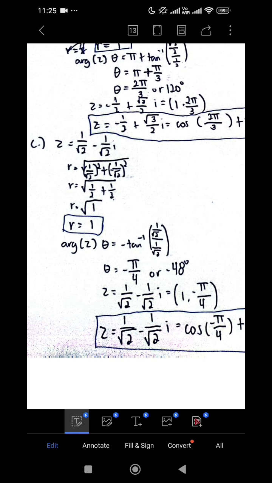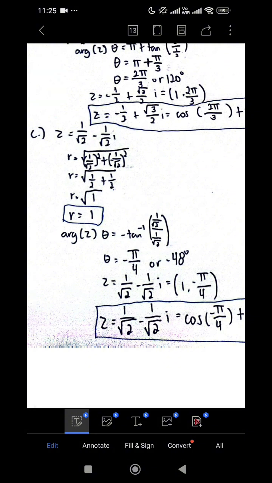The argument is arg z is equal to negative tan, the same, but we apply the given, so we will get negative tan raised to negative 1 of 1 over square root of 2 all over 1 over square root of 2. Then theta is equal to negative pi over 4, or simply negative 45 degrees.